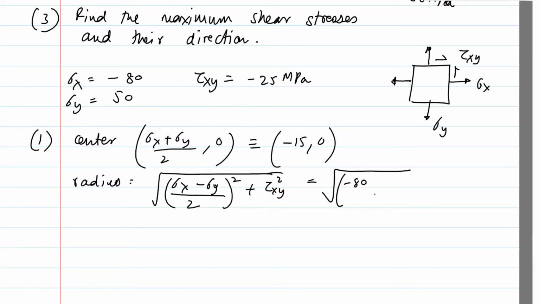Yeah, sigma x minus sigma y is 50, plus minus 25 squared. Okay, it's 69.625.